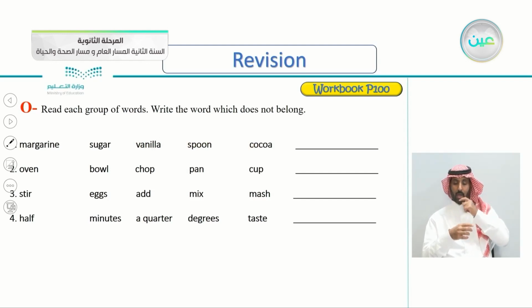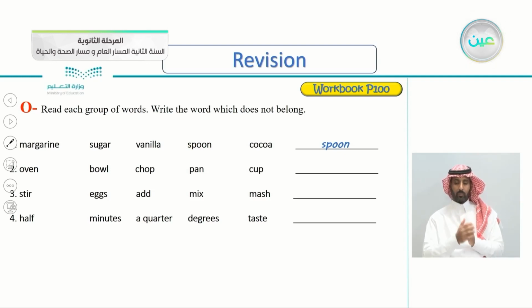So I think this is an obvious one here. Yes, it's spoon. Why? Because all of these are ingredients. Margarine, sugar, vanilla, and cocoa are ingredients, but not the spoon. The spoon is a utensil.